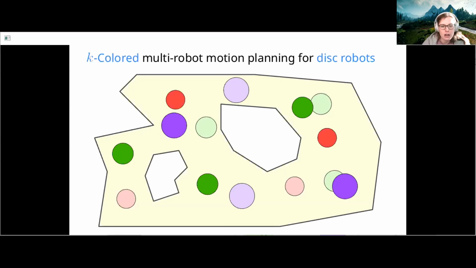Now we have 3 colors here: the purple, the green, and the red. Within each class, we have the same number of starting positions and target positions. The goal is to route the disks from the starting positions to the target positions within their class so that there are no intersections with the boundary or with each other.